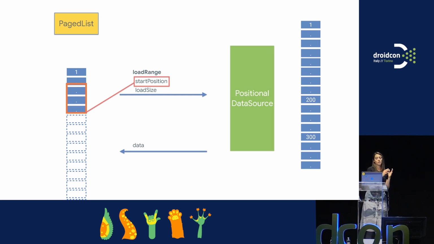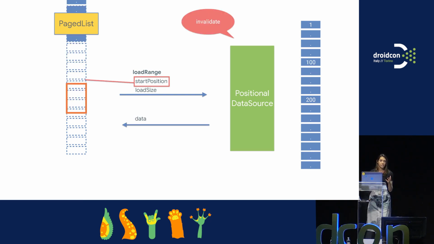OK, once the user scrolls, we get to the end of the list that we have displayed. So then the load range method is called. Here, we need to pass the start position and the load size. The next set of data will be retrieved from the data source and then put in the page list. And then, because we have placeholders, it means that we can scroll lower past items that weren't loaded.